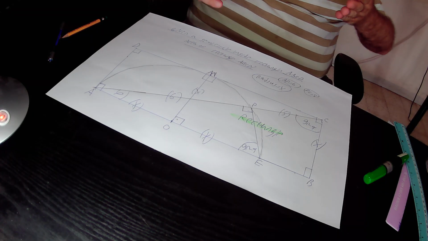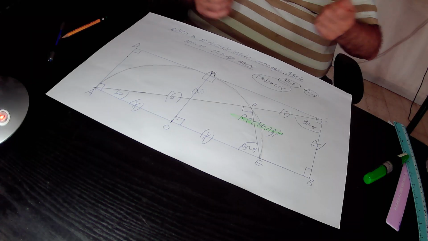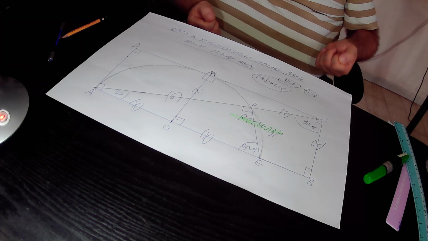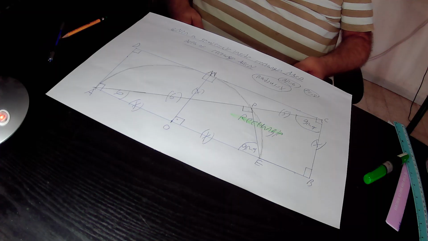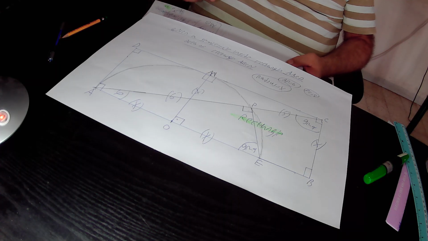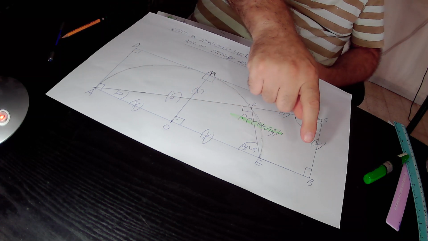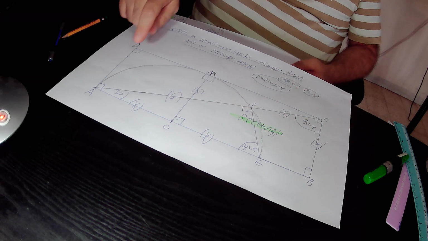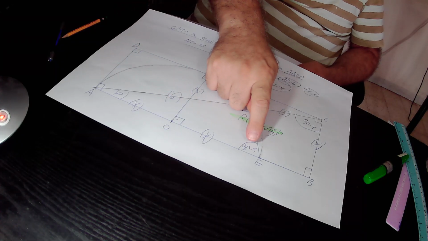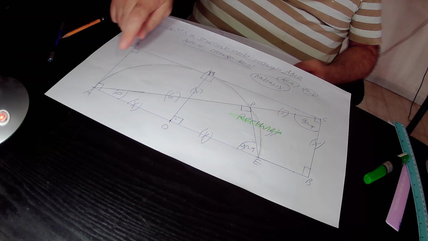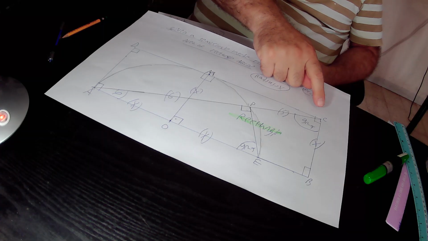And from the fact that those two right triangles are similar to each other, we will derive that the following relationship exists between their sides. We will derive that side AP of the small right triangle APE over side AB of the big right triangle ABC is equal to side AE of the small right triangle APE over side AC of the big right triangle ABC.